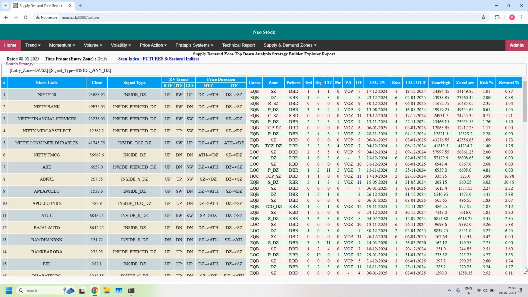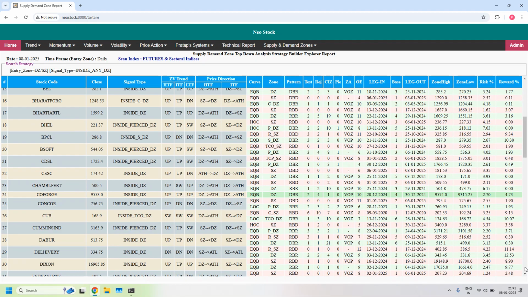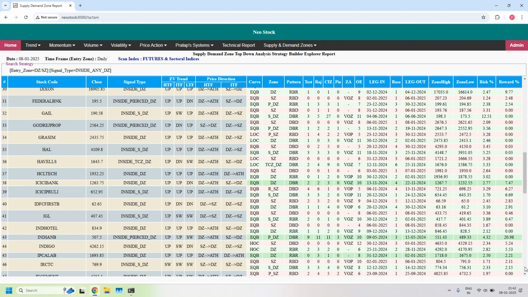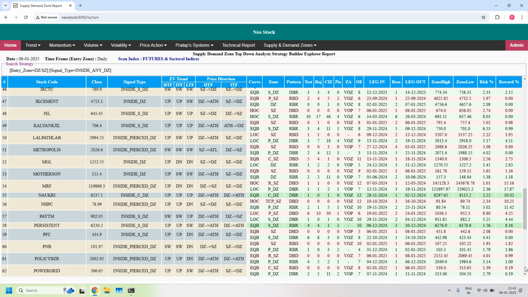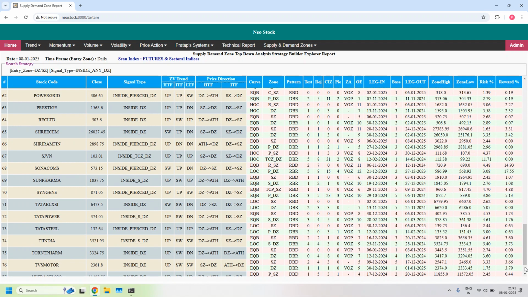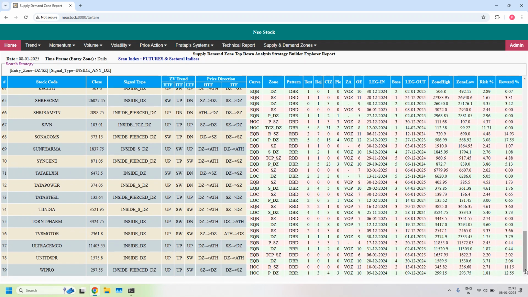I am scrolling the list down. So total 79 stocks are filtered.